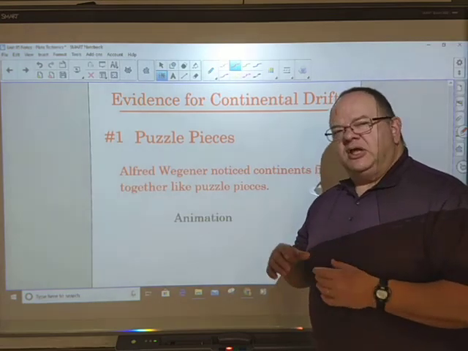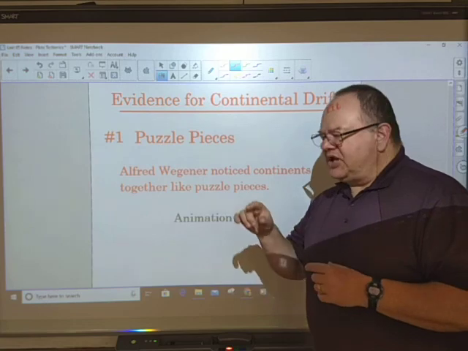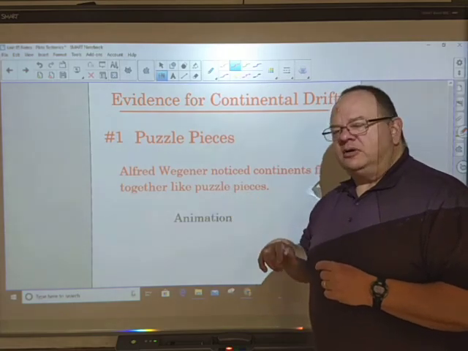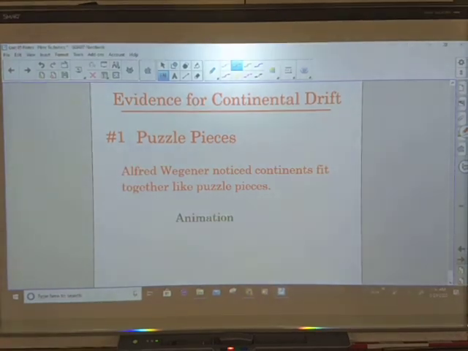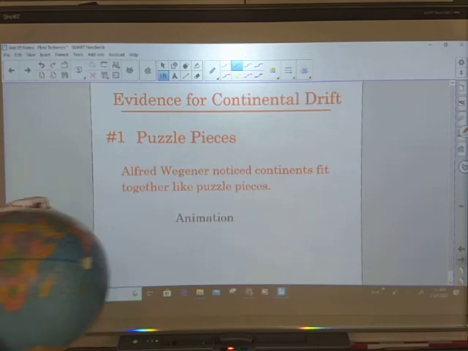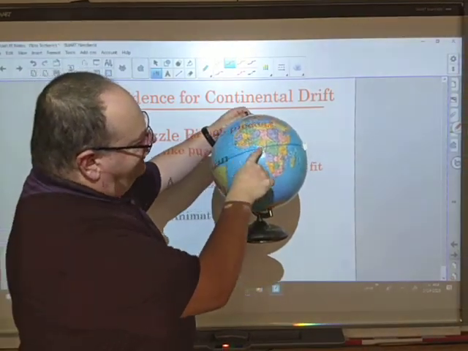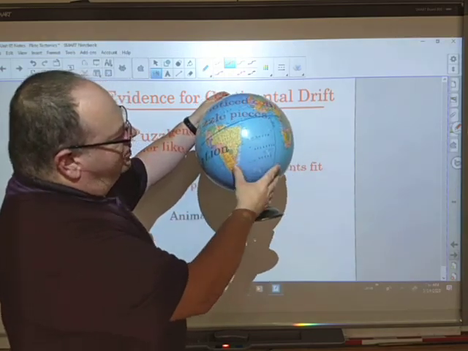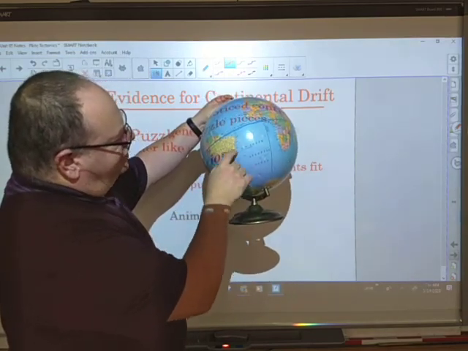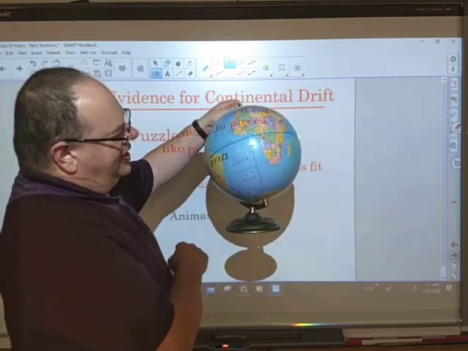Most notably, I think most people notice that if you look at the edge of Africa, I have a globe, I should bring it over. If you look at the edge of Africa over here, and you look at the edge of South America over here, boy, it sure looks like Brazil would fit right into that notch.